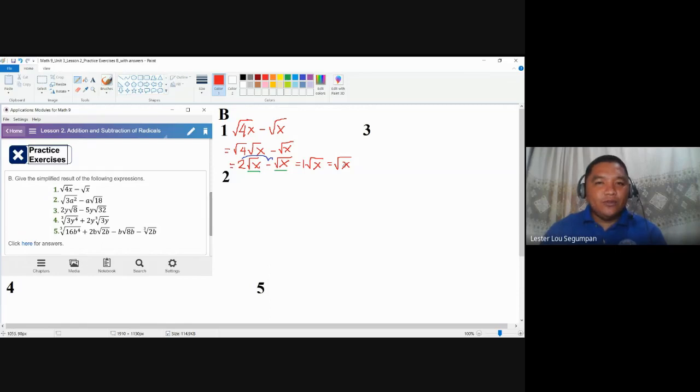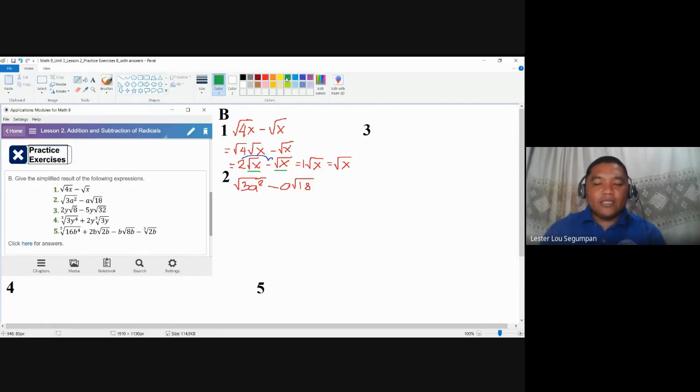Proceeding to number 2, we have square root of 3a squared minus a square root of 18. So we cannot add them immediately, but we can simplify both of them because both of them will cover multiplication laws.